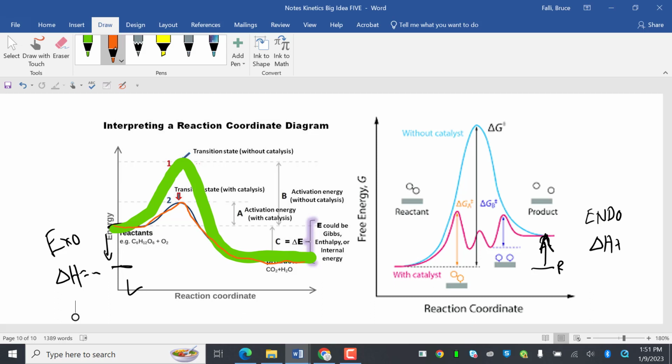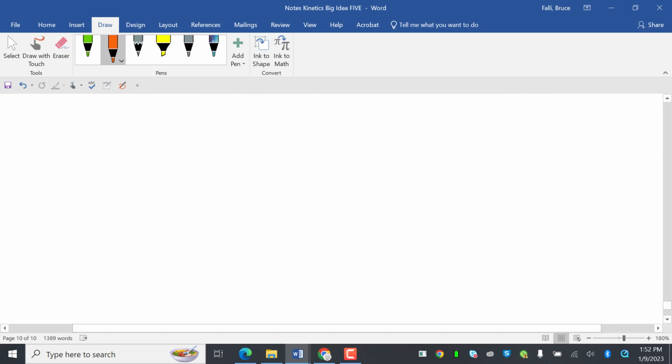The transition state without the catalyst, right here, transition state with the catalyst, notice it's lower. The activation energy without the catalyst, wow, that's enormous. That reaction must be slow. This is the activation energy with catalyst, must be most fast. And then this is the change in energy. And all we're going to call it right now is delta H.